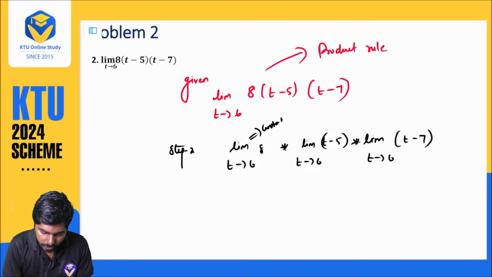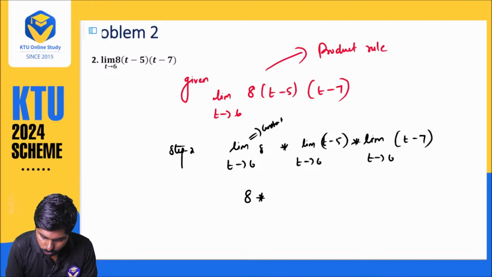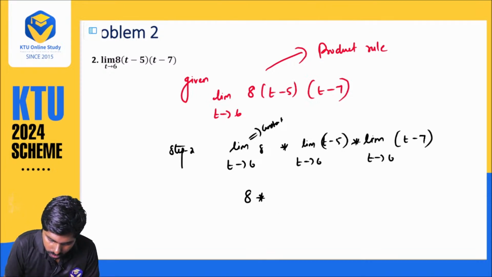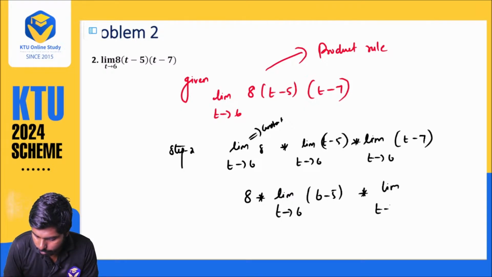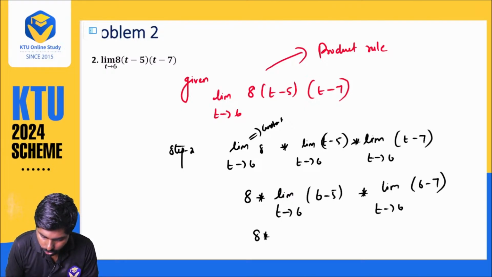So we will be getting 8 only, 8 into, when applying, it will become limit t approaches 6, that is 6 minus 5, into limit t approaches 6, that is 6 minus 7.